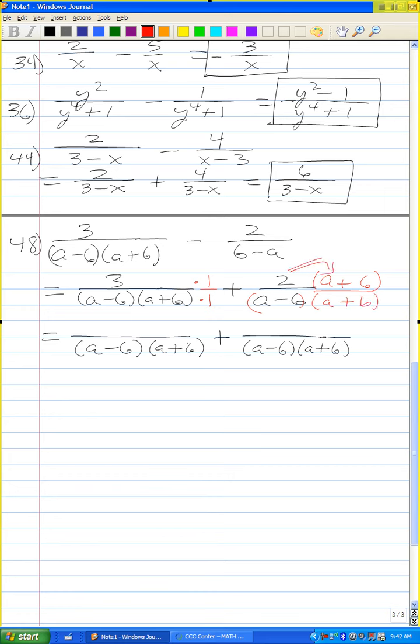And let's multiply the 2 inside the parentheses. So I get 3, 2a plus 12. And so I have a common denominator, so I'll just write the common denominator and add numerators. 2a, 3 plus 12 is 15, and I am done.